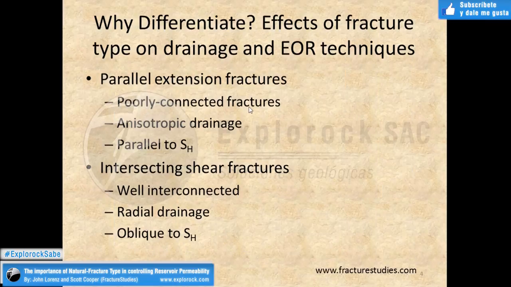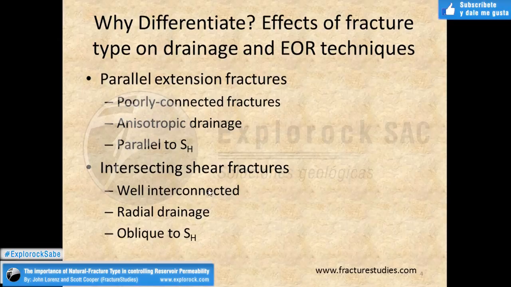First off, they're poorly connected. So we've got poorly connected fractures in the lateral sense along one direction, but they are well connected in the other, so they give you a very highly anisotropic drainage in that direction. So the anisotropic drainage is highest parallel to the maximum compressive stress.